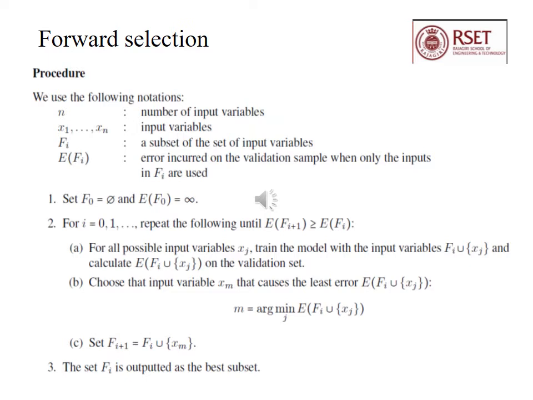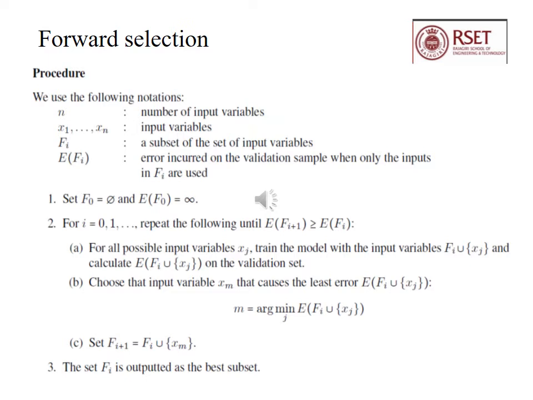And the next set of features, as I already explained, Fi is the subset of the set of input variables. That means it is a collection of features. And the next one is the previous one, union x of m. X of m means the feature with the lowest error value. That is the feature which, when we use it, gives the least error value.